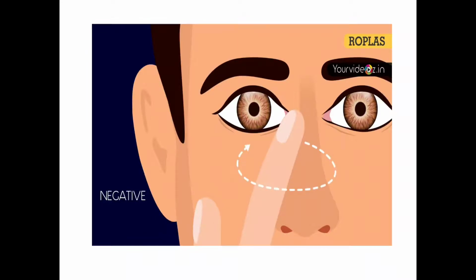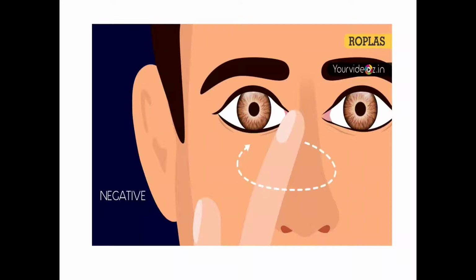If any fluid comes through the punctum, that means the regurgitation test is positive. That means there is some obstruction in the lacrimal system, causing discharge or watering to accumulate in the lacrimal sac, and that is causing the positive test.